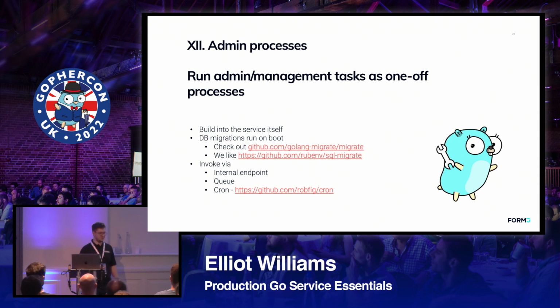The 12-factor app actually recommends you do this as one-off separate processes, but my recommendation is that you build this into the service itself as much as you can, because it's in the application, it has the context of the application, and it's in the same domain.